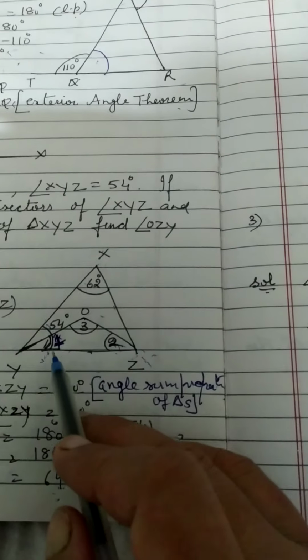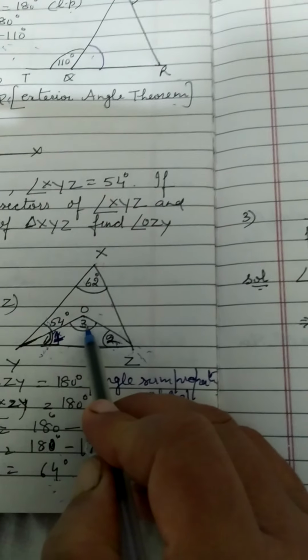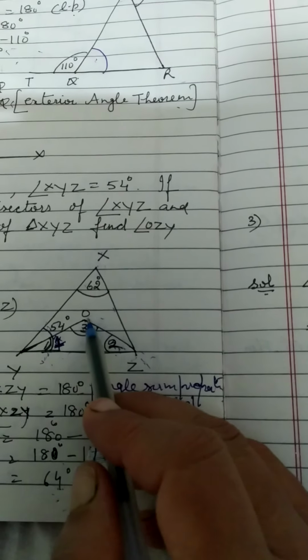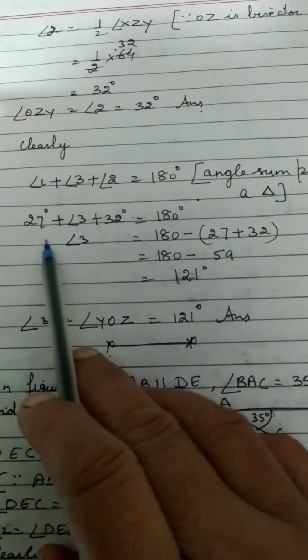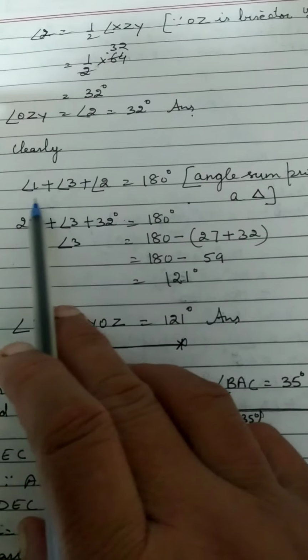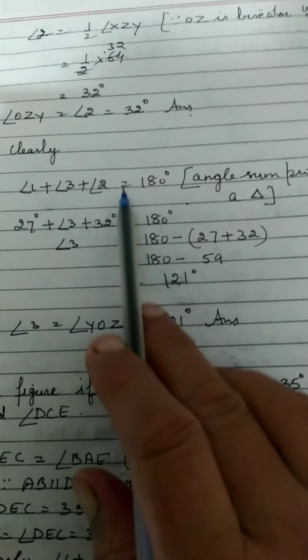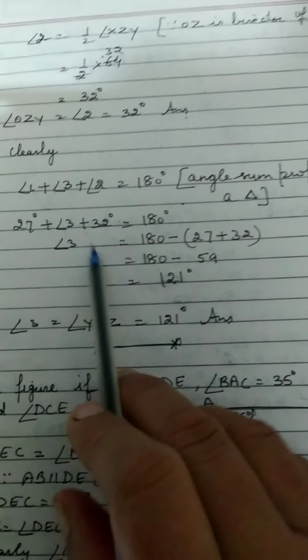Now clearly see here in this figure, angle 1 plus angle 2 plus angle 3 is equal to 180, because these are the three angles of triangle OYZ. Then we put the values that we know. We know the value of angle 1 and angle 2. Angle 1 is 27, angle 2 is 32. We put these values.